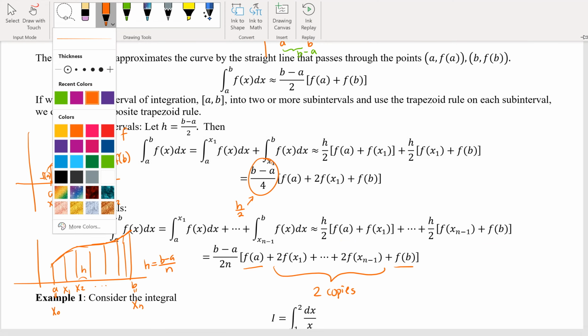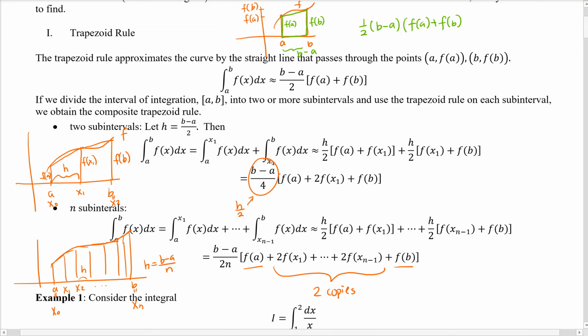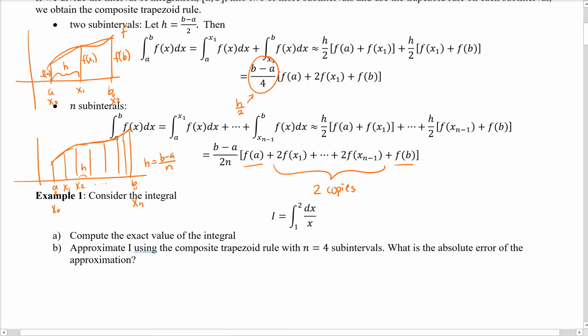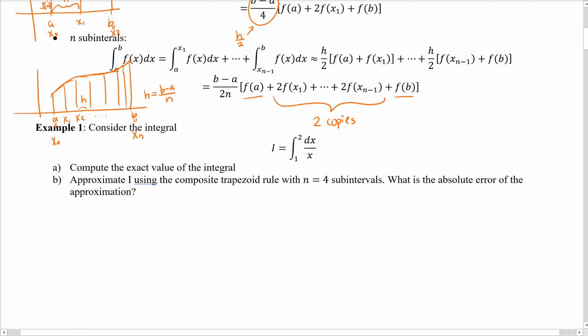Example. Consider the definite integral from 1 to 2 of 1 over x dx. First, let's compute the exact value of the integral. B, approximate the integral using the composite trapezoid rule with n equals 4 subintervals.